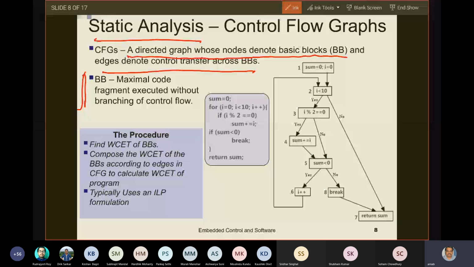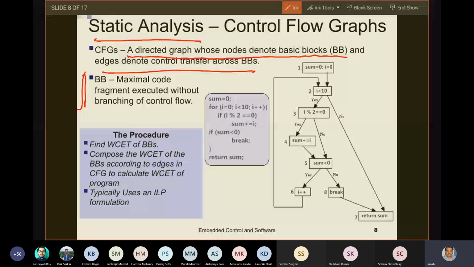How does this algorithm proceed? You determine the start instructions of the basic blocks. Why? Because when you go through the program code, once you determine the start instruction of a basic block, you know that a new basic block has started, and you go on putting instructions in that basic block until the next start instruction of another basic block has been encountered.